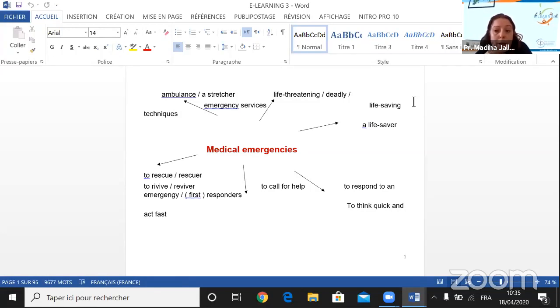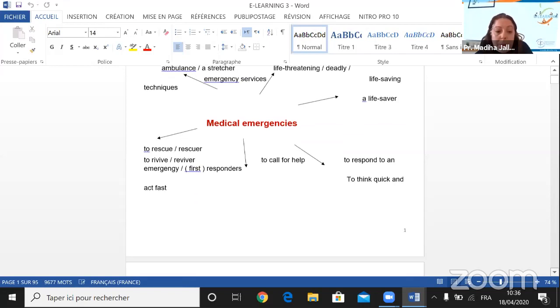Okay, and when you respond, you are a responder. And when you are the first one to respond, you are the first responder. And you have to call for help. Okay, so these are the words I thought of when it comes to medical emergency.